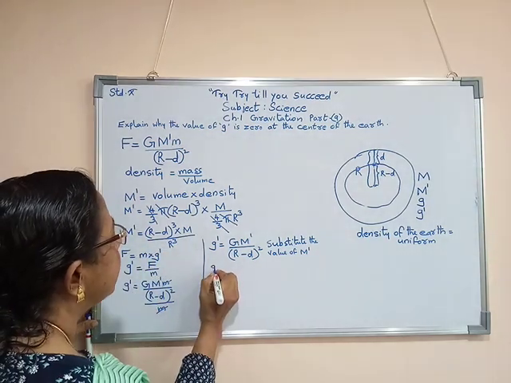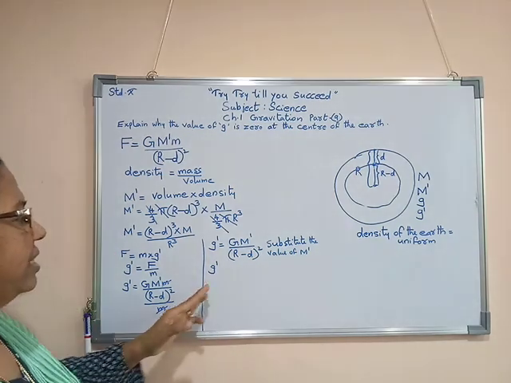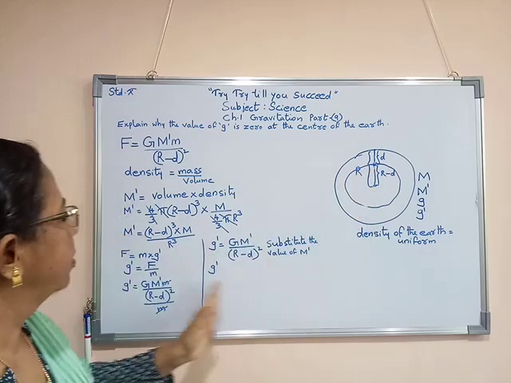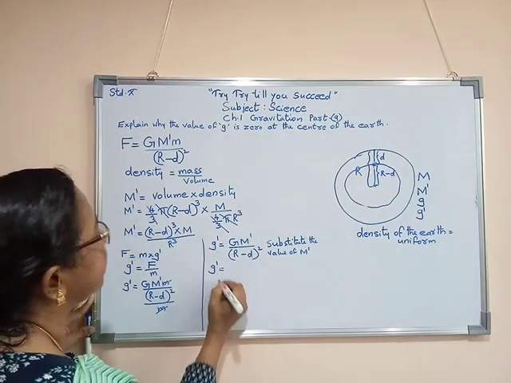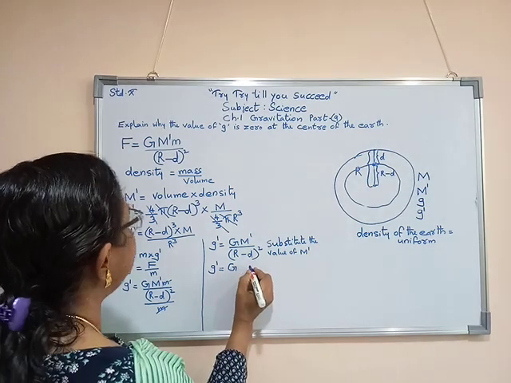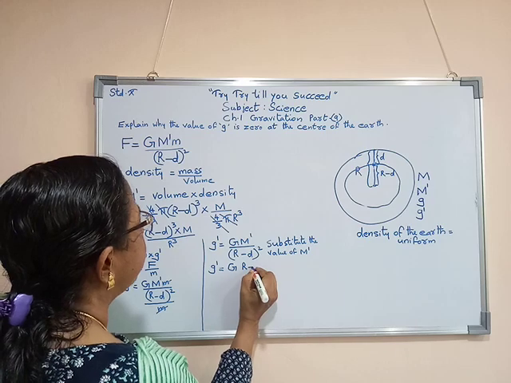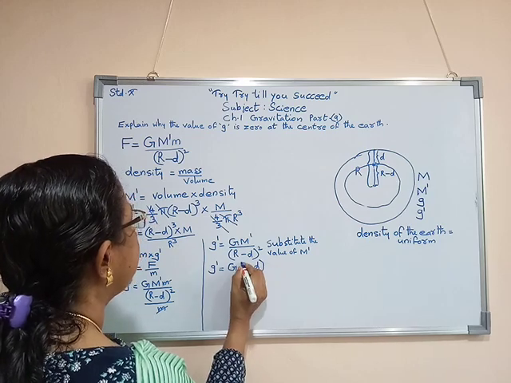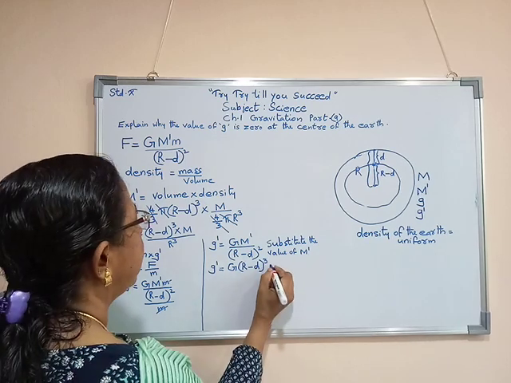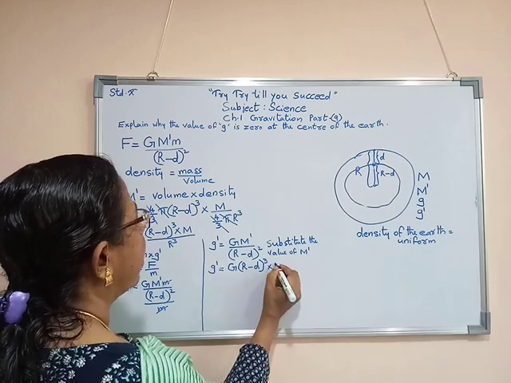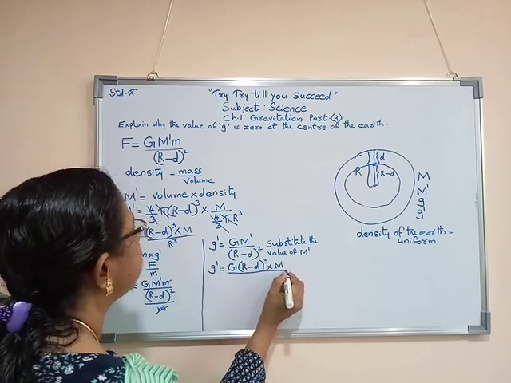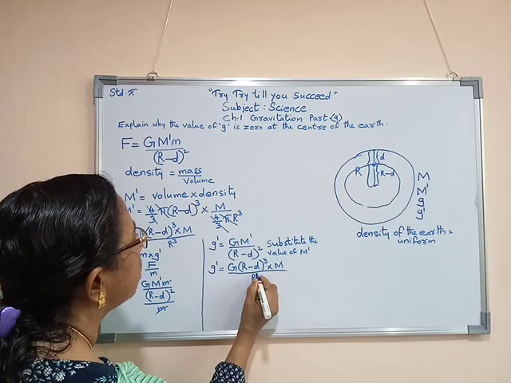So listen here, G dash, that is the gravitational force acting on the body at this depth, is equal to capital G into M dash, meaning (capital R minus D) whole cube into mass of the earth upon capital R cube.